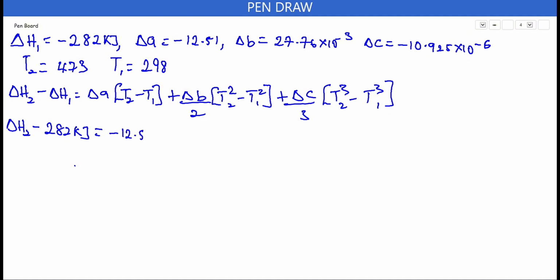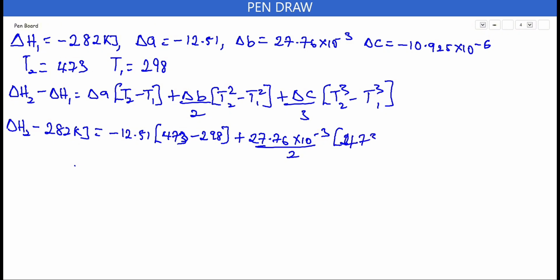It is equal to our A, which is minus 12.51, open your bracket, 473 minus 298, plus, okay, this is actually plus 27.76 times 10 raised to minus 3 divided by 2, and then we have our T2, which is 473 squared minus 298 squared, good.